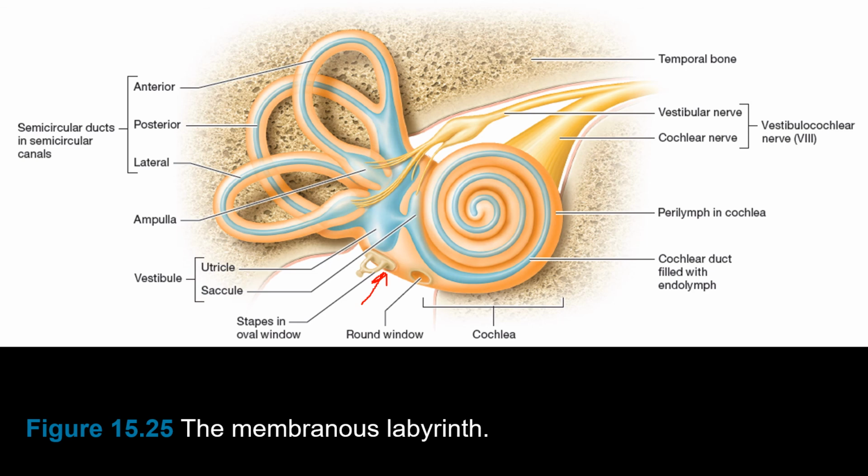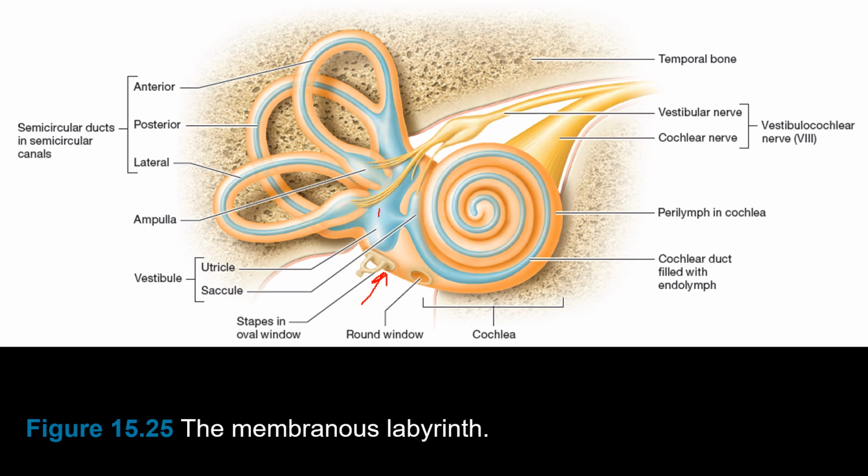You see that oval window, and what do we see? We see a bony labyrinth on the outside, which is just all of these bony portions. And then inside that, you're going to find the membranous labyrinths. And there is a fluid between them called the perilymph, and the fluid in the membranous labyrinths is the endolymph.